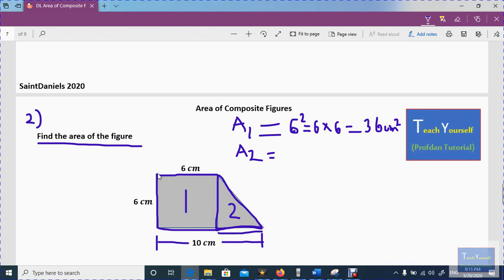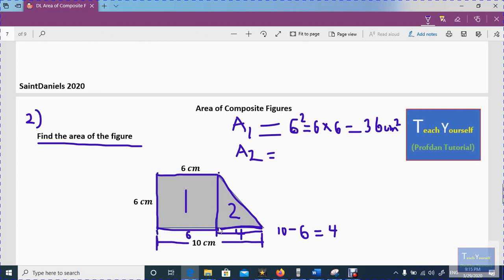Okay, from here to here is known as 6. So if you know from here to here as 6 centimeter, and from this point to this point is 10. How do you know this point? It's simply 10 minus 6, which is 4. So it means this part is 4.